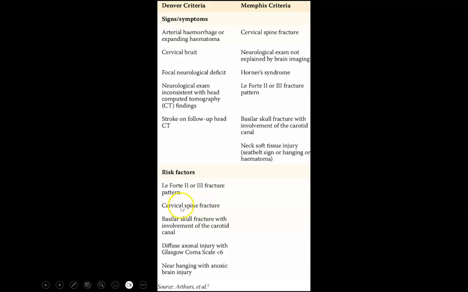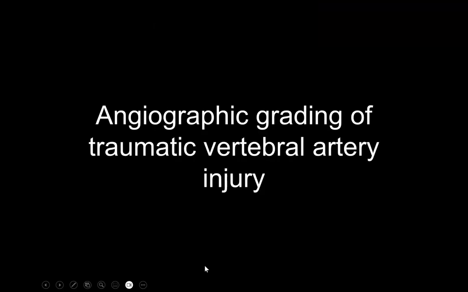Yes, you should do it. If it is dislocation, subluxation, you should do an angiography. Skull base fracture, you should do an angiography. Glasgow Coma Scale less than 6, this is very high risk. And anoxic brain injury, of course, you should do an angiography.